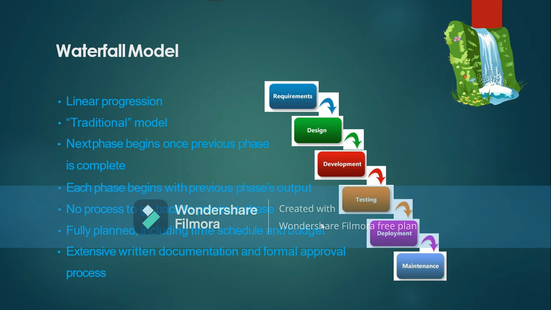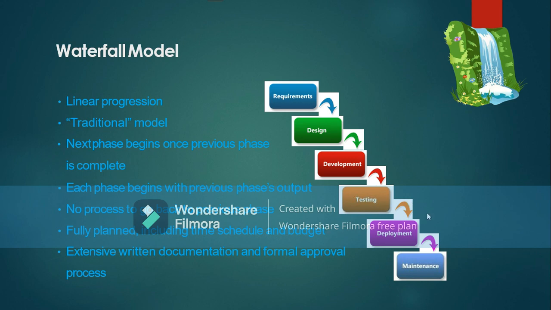And here the main thing is that there is no rollback. Rollback means that once a phase completes, you cannot go back to that phase till the final product is delivered. So no rollback is possible, and the output of one phase, for example the requirements phase, becomes input for the next phase, that is the design phase.